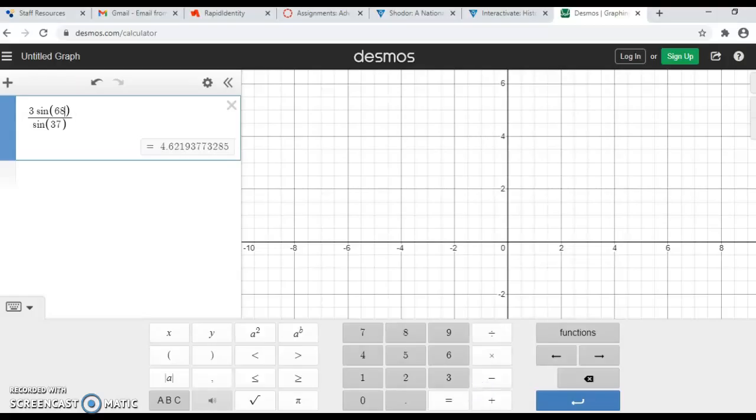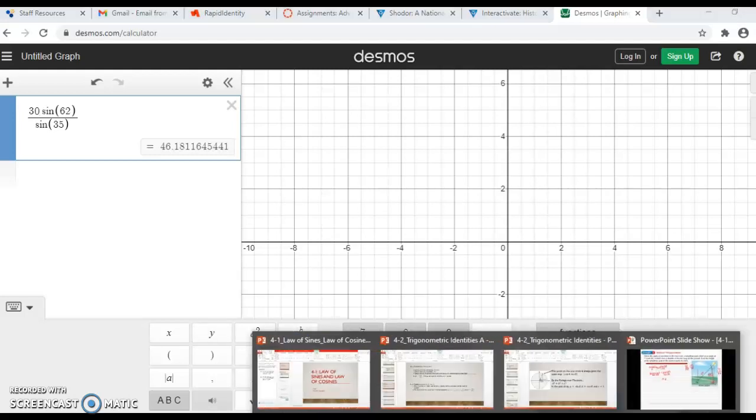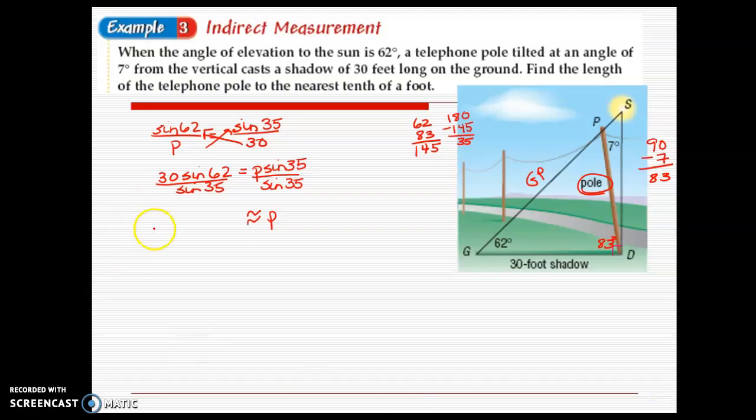Okay, so 62 and 35. And this was actually 30 degrees, the shadow. So we get 46.2. That's not bad. Okay, P is approximately 46.2 feet.